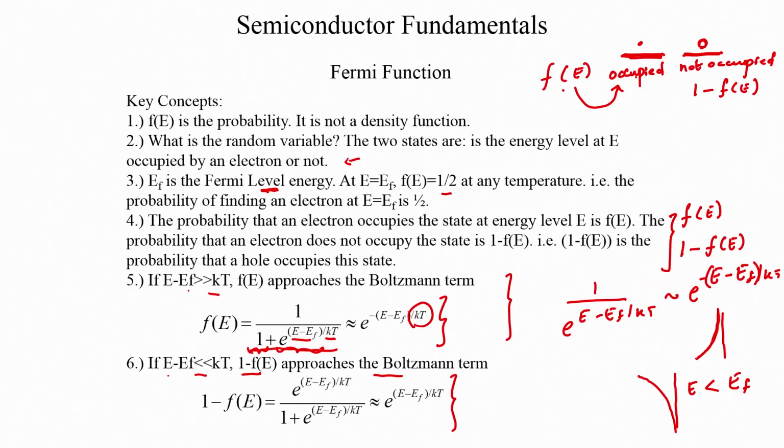Now, this is all we have to say about the Fermi function and the Fermi level and the Fermi distribution. But let me give you some intuition about this. A very nice way to imagine it, it may not be the perfect way, but it is an intuitive way, is to consider a bucket of water.